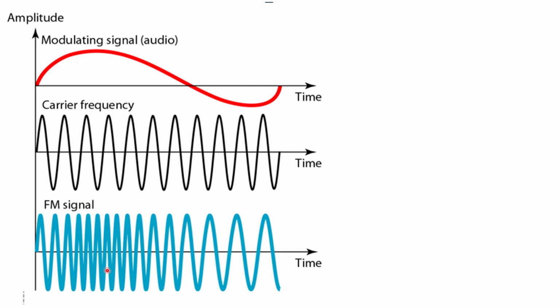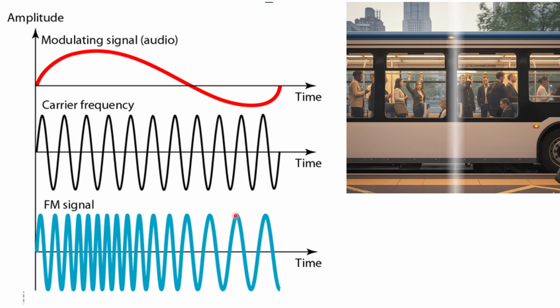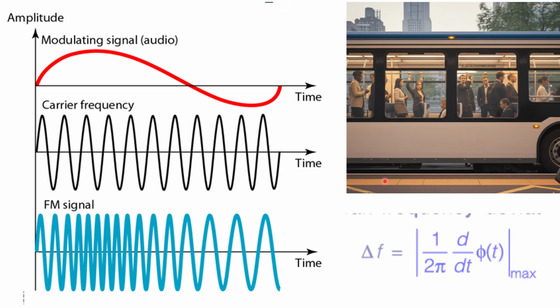Initially it is very low, in the mid section it is very high, then low, low, and very much low, right? While amplitude is fixed. It is something like this: your train or bus is carrying the passengers, so the train or bus is your carrier signal, and passengers can act like the message signal, and modulated signal means both of you are traveling together.